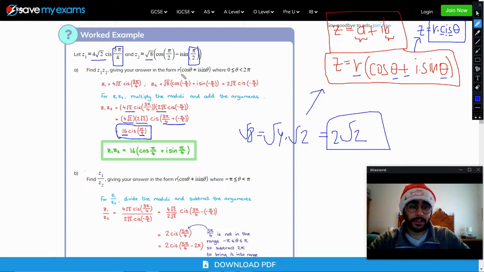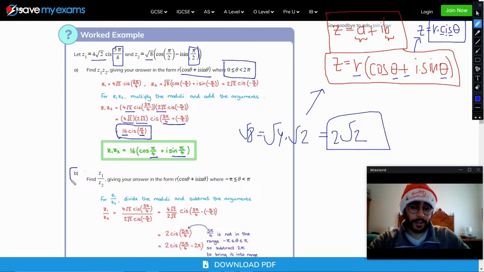But you have to write it in this form: 16 times cosine pi divided by 4 plus i sine pi divided by 4. That's the form that they want. And pi divided by 4 is indeed between 0 and 2 pi. So we simply follow the rules that we have explained above.